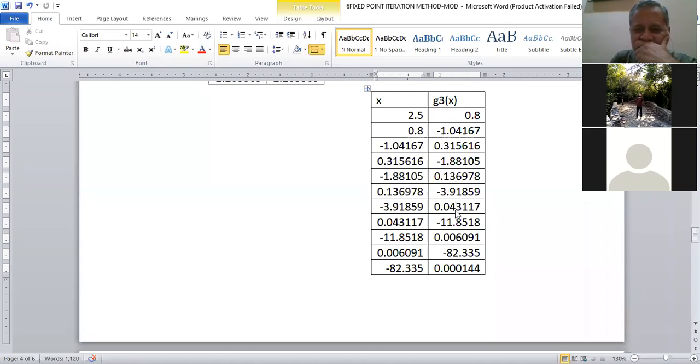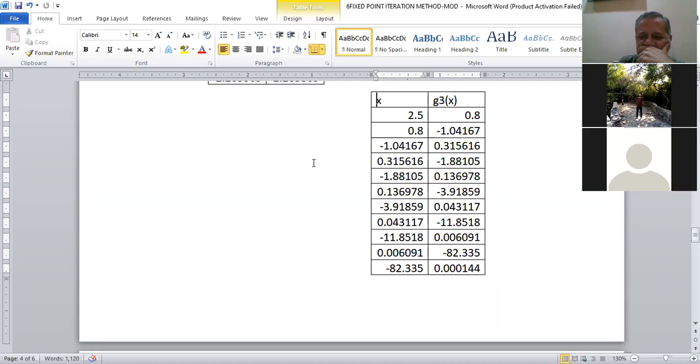Then we keep on doing that and we keep getting alternating numbers, and we see that one number is going close to 0, the other number is becoming a large negative number. So this is a diverging process.